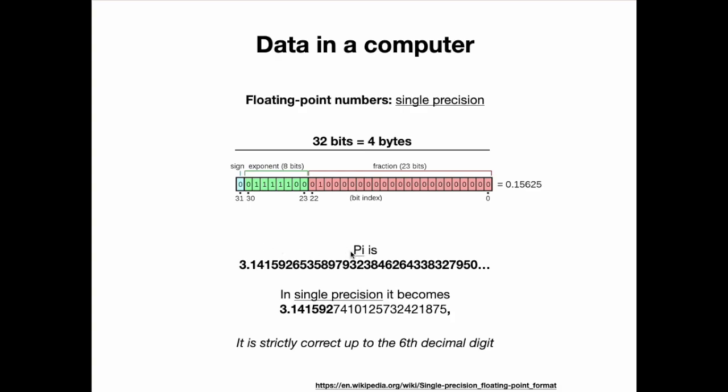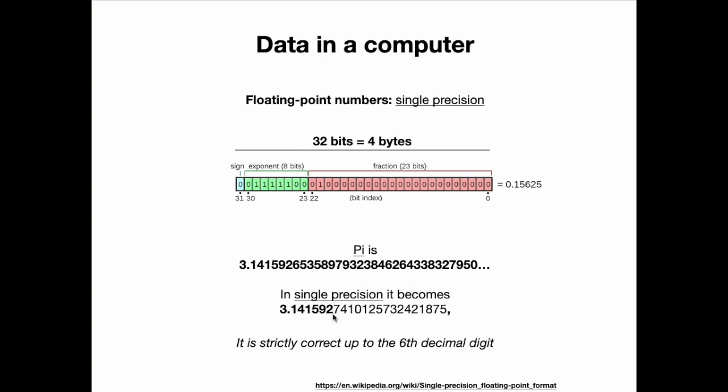So let's take the example of the number pi. Pi would require ideally an infinite precision. It's 3.141592 and so on. If you code pi in a single precision, you will cut off the precision naturally.